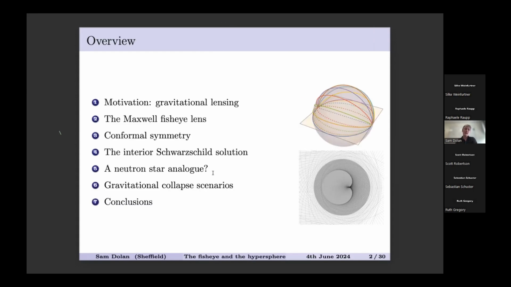And then I'm going to go on to think about dynamical situations, dust balls collapsing or balls with pressure collapsing under their own gravity. And I'm going to try to link this back to the Maxwell fisheye lens. So I'm not sure if any of this is truly original. The part which might be the most original is this. And if you have any background reading or references for me, I'll be very grateful to hear them at the end.